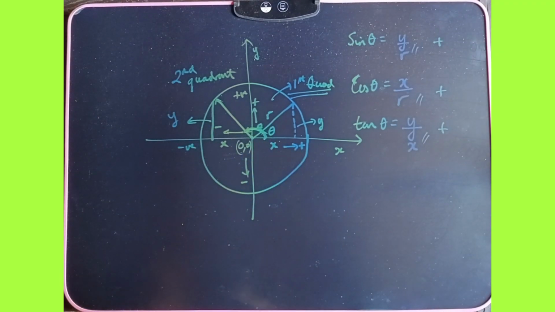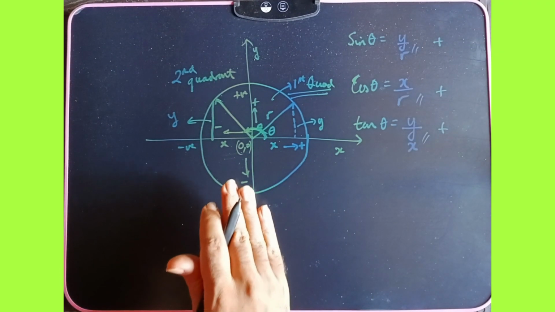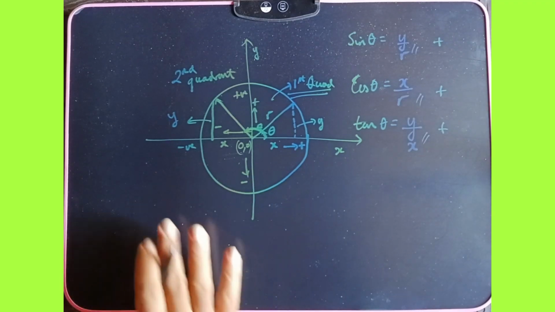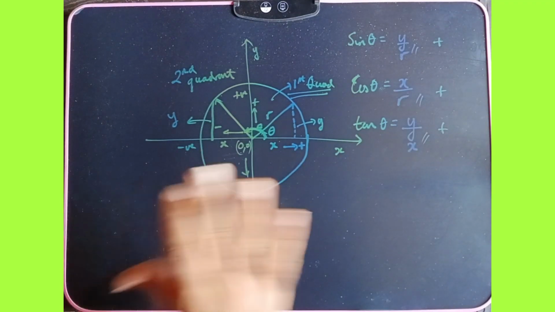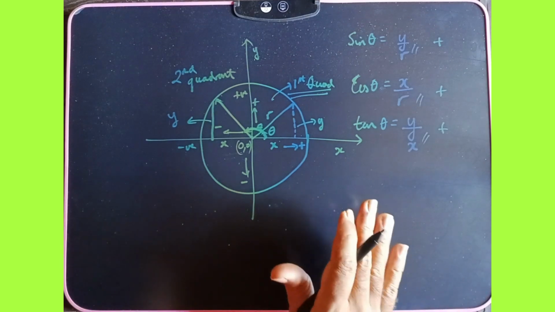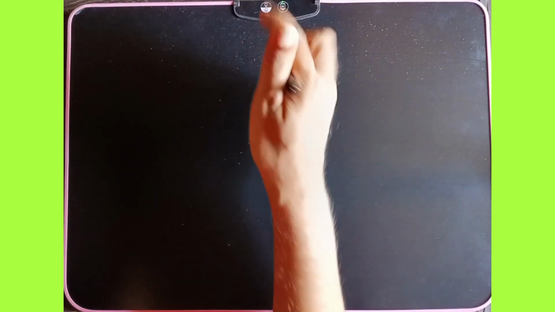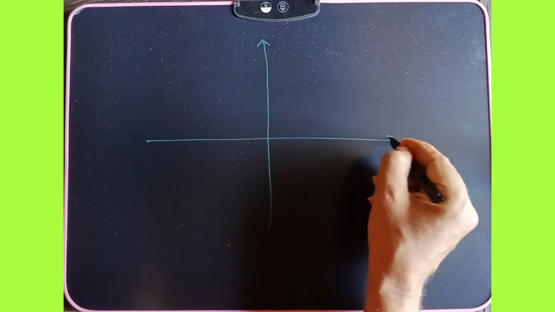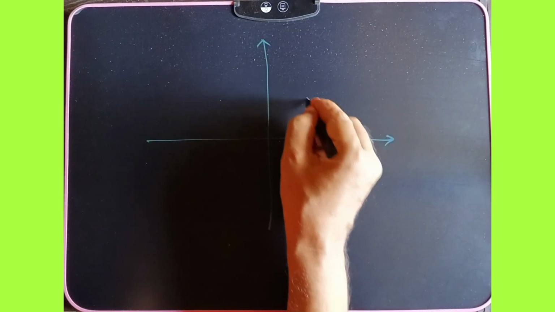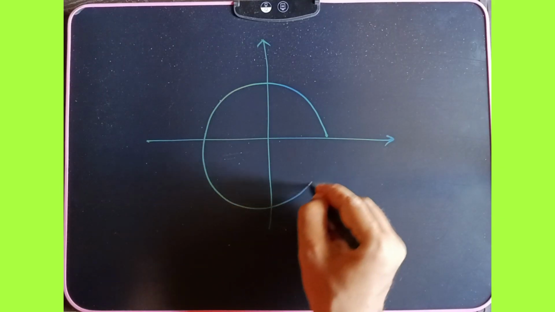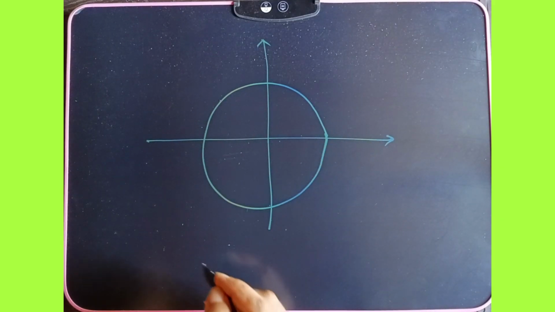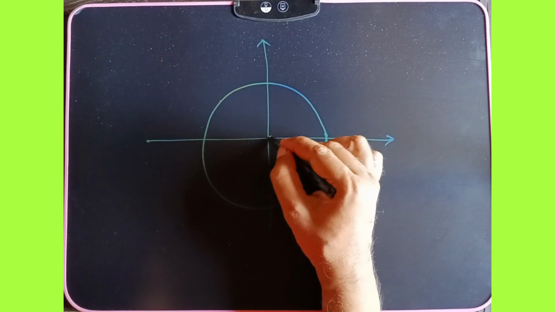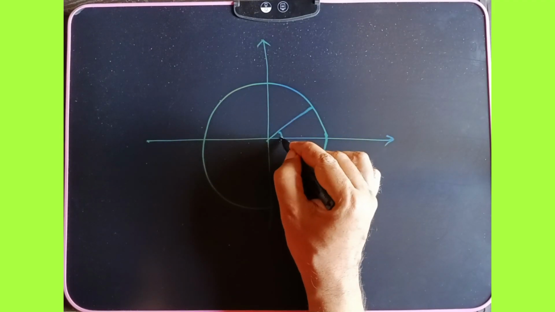So let me draw a fresh diagram. I'm just going to follow up on the same concept. I'm going to start with a fresh slate. Okay, I'm going to wipe this out. I'm going to draw a circle again. Okay, what we did earlier was we extended a line here and we saw that this was theta, right?